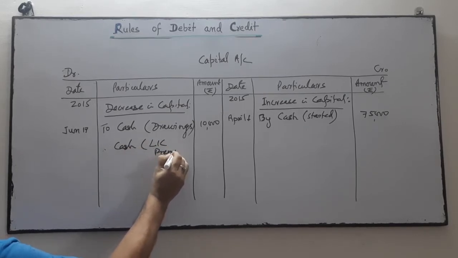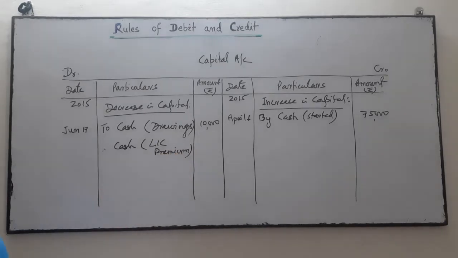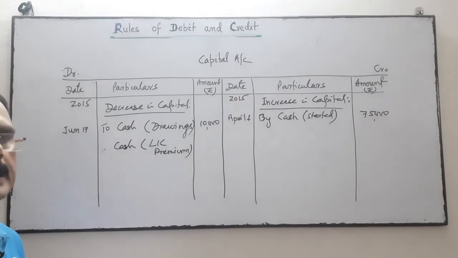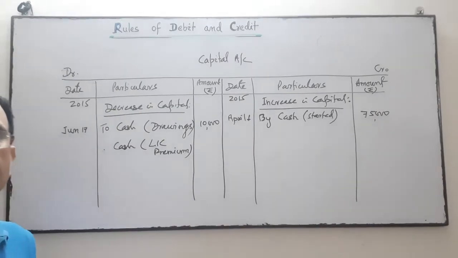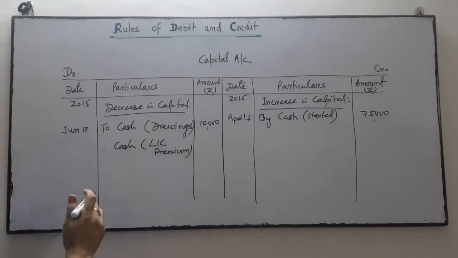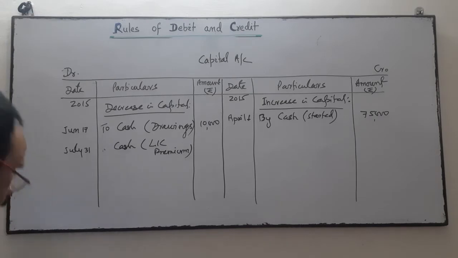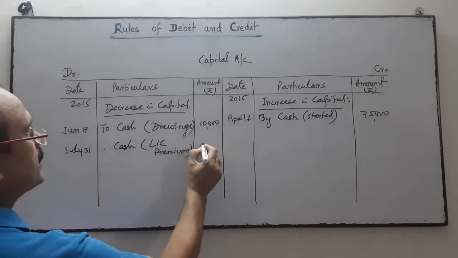The LIC premium should be paid by the proprietor from their personal account, not from the business account. Here the proprietor has paid this premium from the business account. That's why it's a drawing. So drawings reduce your capital. The date is July 31st, and this amount is 13,000.